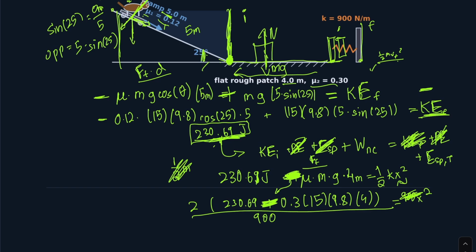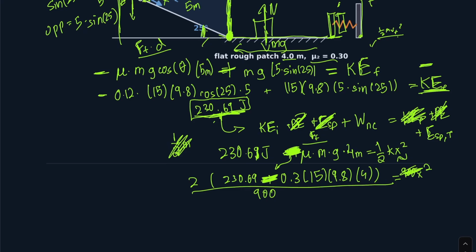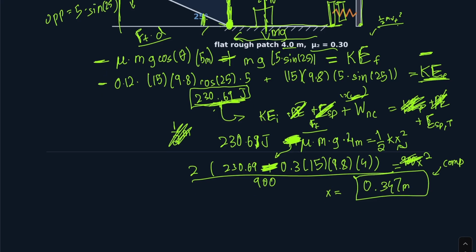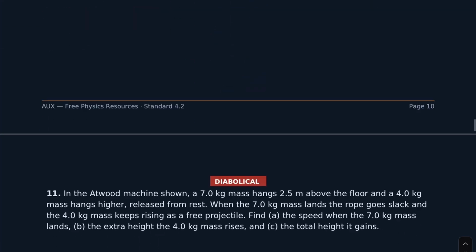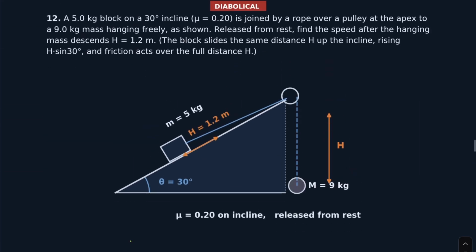So then you're going to have about 0.347 meters, and that's going to be your compression of the spring.